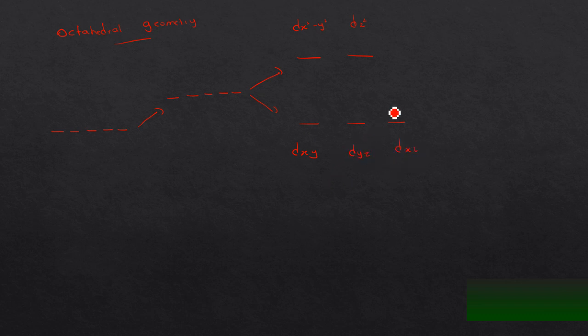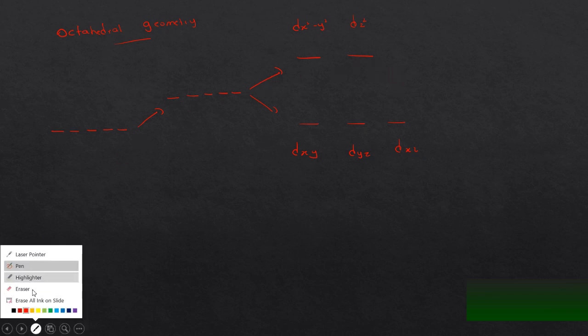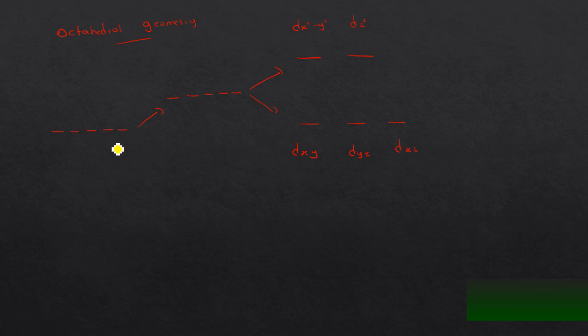So now what we need to understand is, let's assume we have a situation like this. So we have a complex with chromium 2 plus. So this is hypothetical, right?